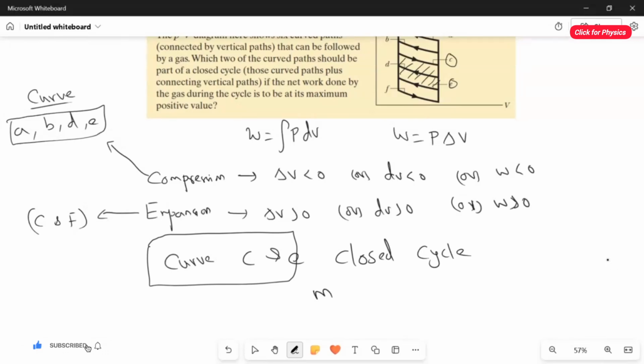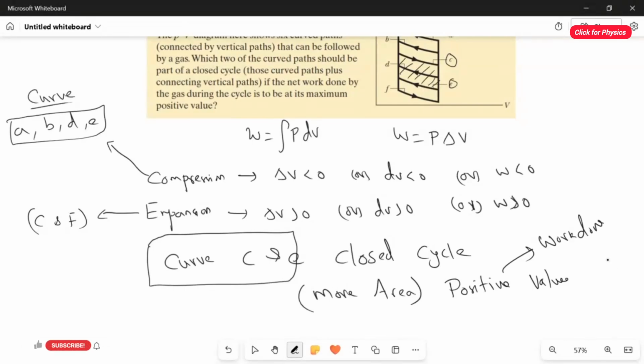That means more area inside the curve, which will give the positive value for the net work done. Clear? Clear, brother?